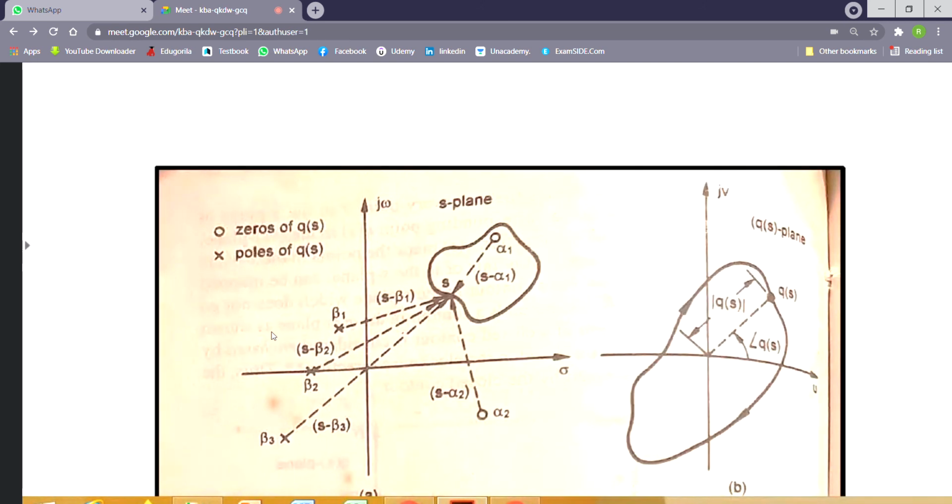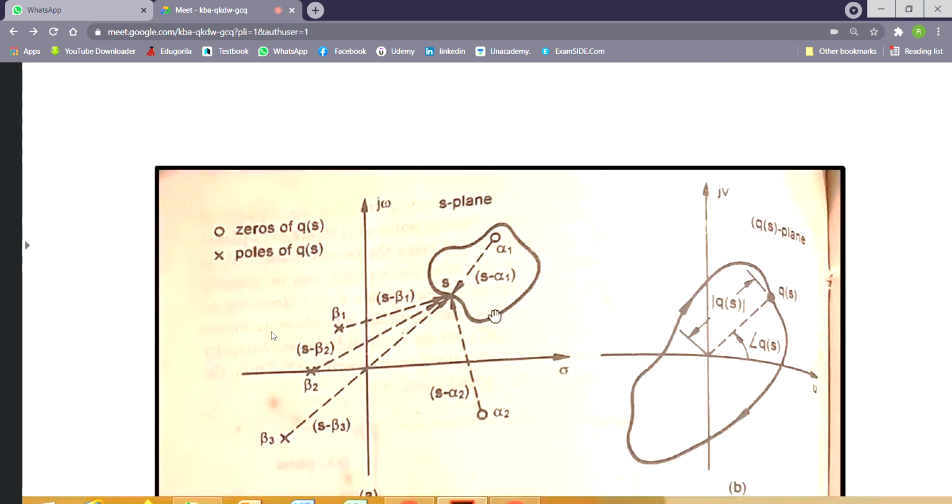Is it absolutely clear? Ma'am, can you just repeat why the minus? You see, here we are moving in the clockwise direction, right? The phasor is rotating in a clockwise direction.